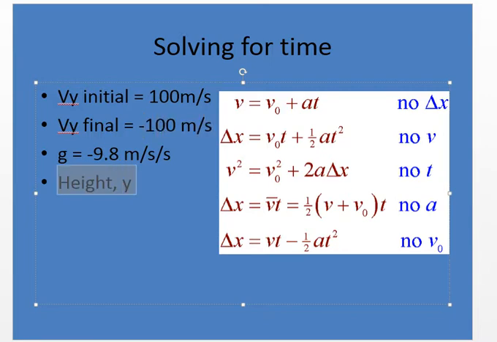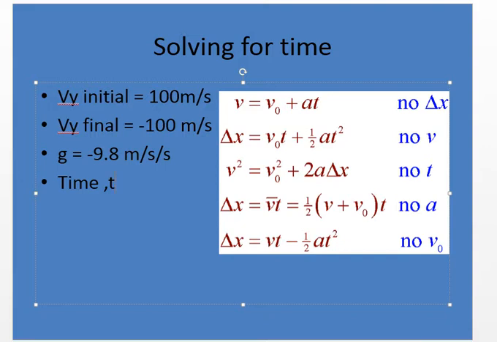And then instead of finding height, we would be finding time, t, and so that would mean that we would need something that doesn't have a distance in it, and that would be this formula here. So that would be negative 100 equals 100 plus negative 9.8 times t, and you should have gotten a t of 20.4 seconds.